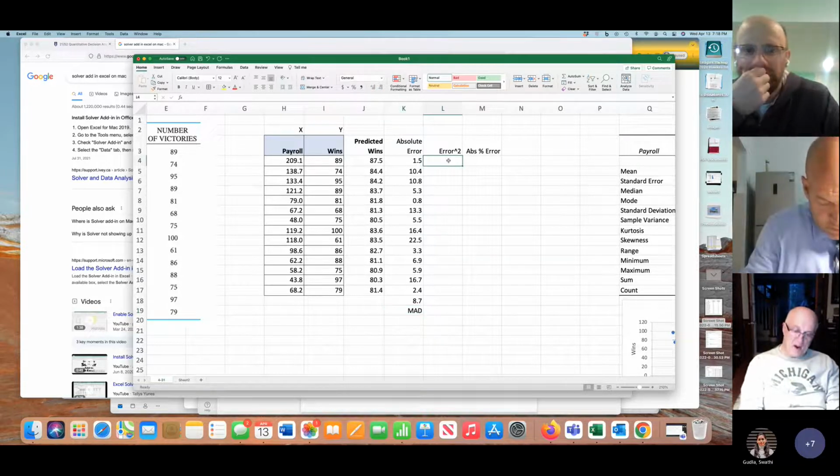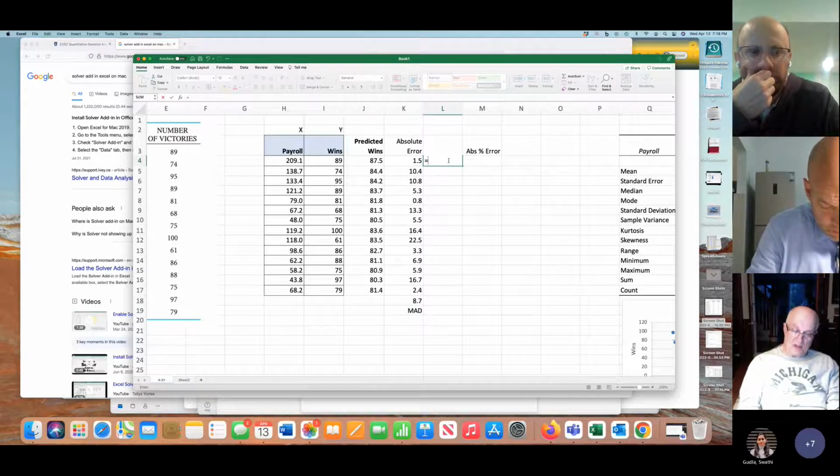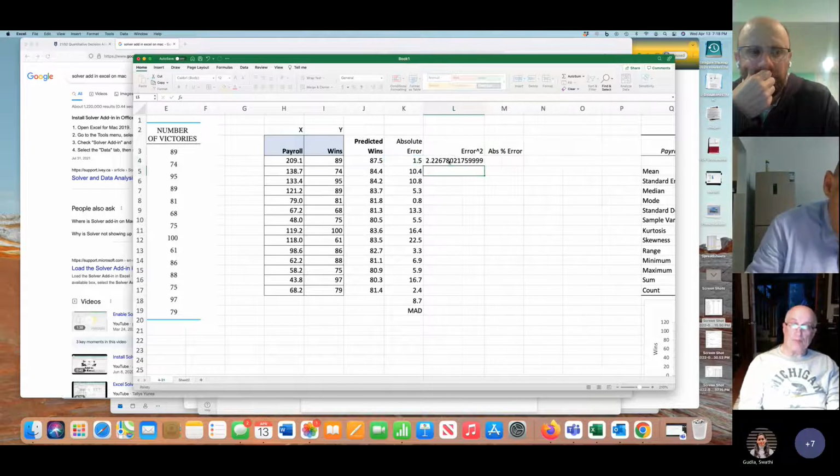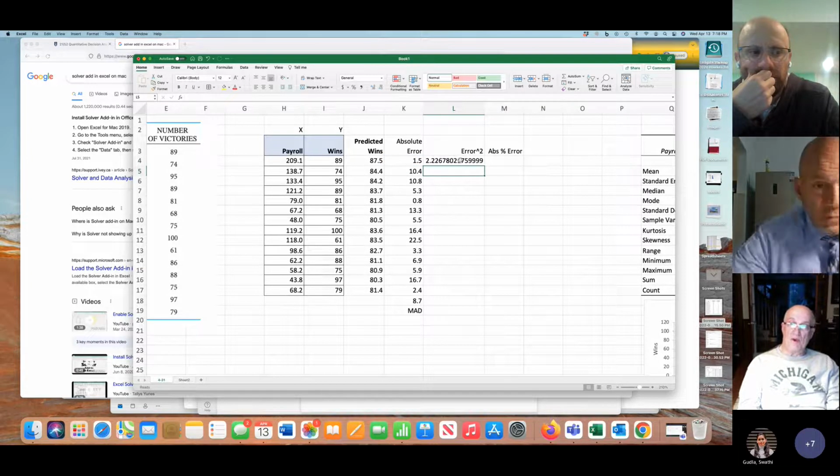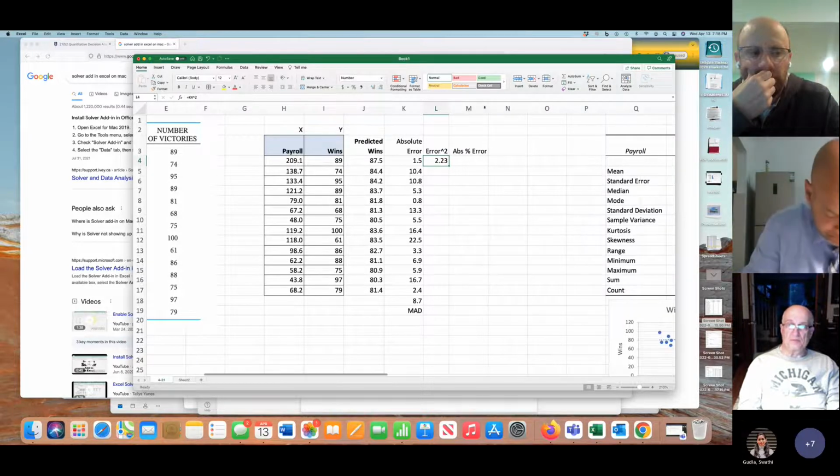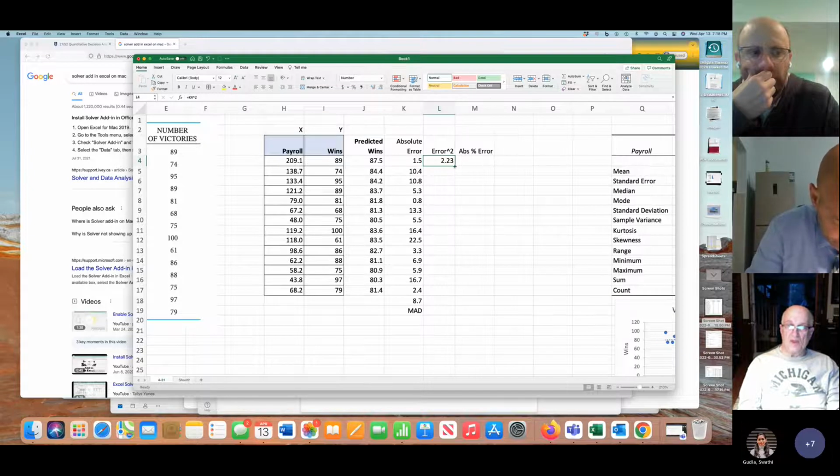If I square the error, I also get rid of the negatives. So I'm going to take the error here and basically square it. Do I need all those decimal places? Absolutely not. I'm going to take it down to maybe 2 decimal places. And I'm going to copy this all the way down, and then copy the average over.